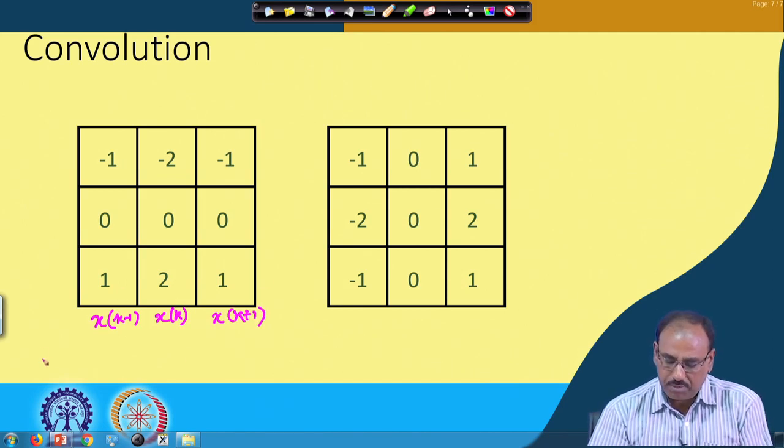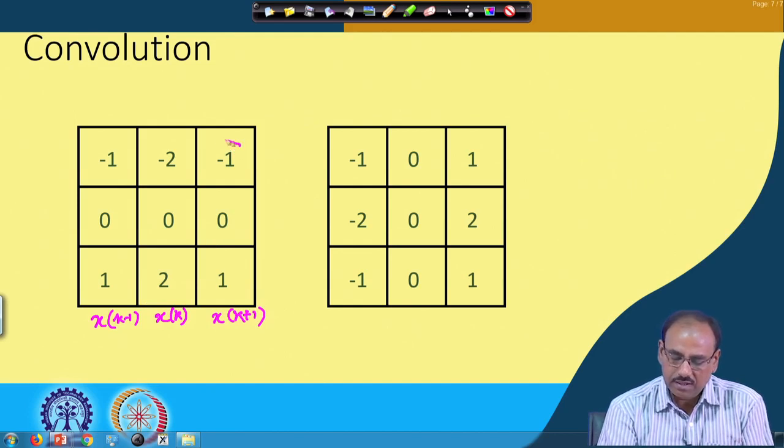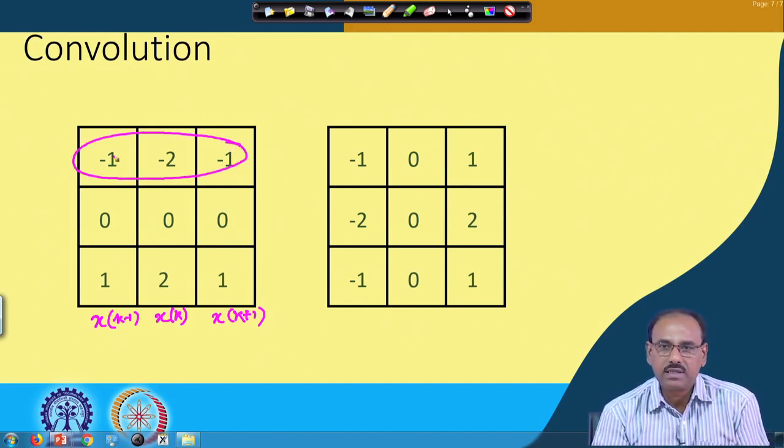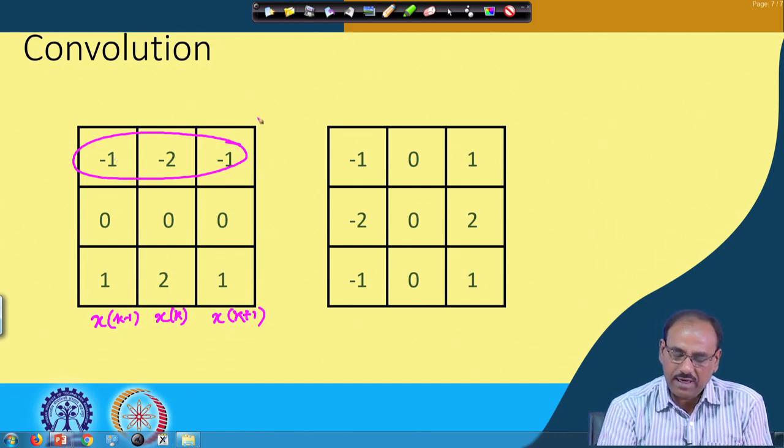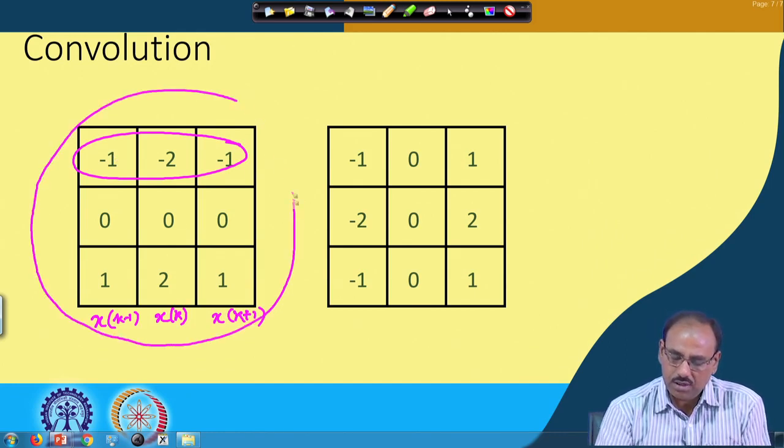So, this row will simply perform x k minus 1 plus twice xk plus x k plus 1. So, this makes a weighted sum of the 3 pixels. Similarly, this row also makes a weighted sum of the 3 pixels on 2 rows above it and then negates it. And then finally, this entire operator will give a sum of these two.